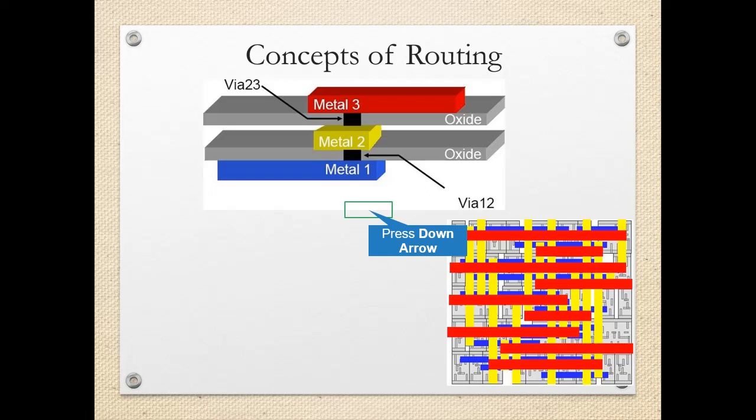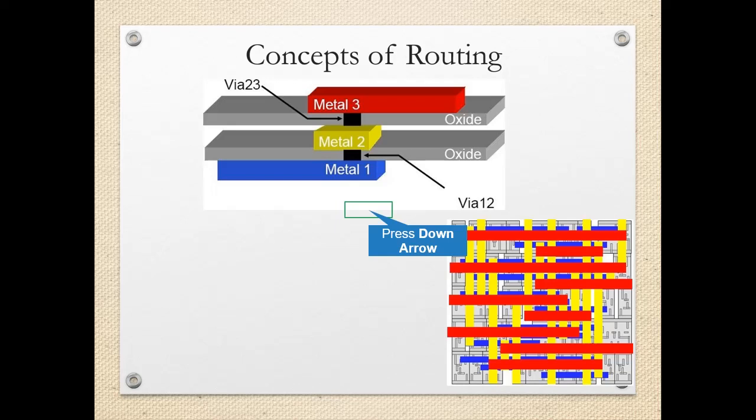We can see in the design that we have a metal 1 layer over which we have an oxide, then metal 2, then oxide, and again metal 3. Different metal layers are used for implementing the different parts of the chip, just like the multi-layer PCB. Suppose the flip-flops are implemented on metal 1.